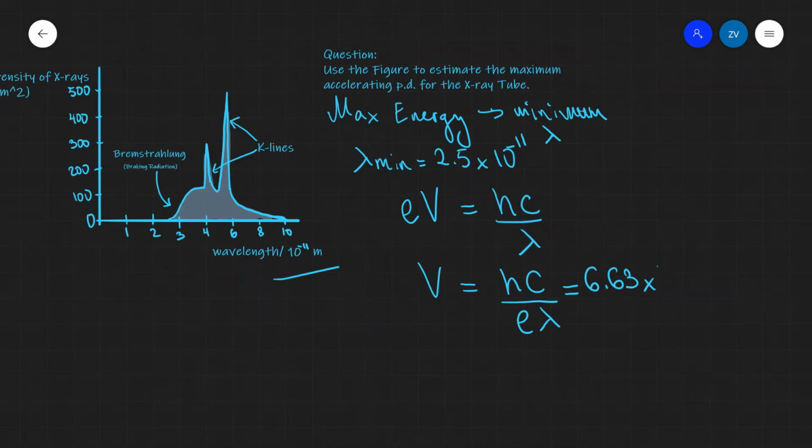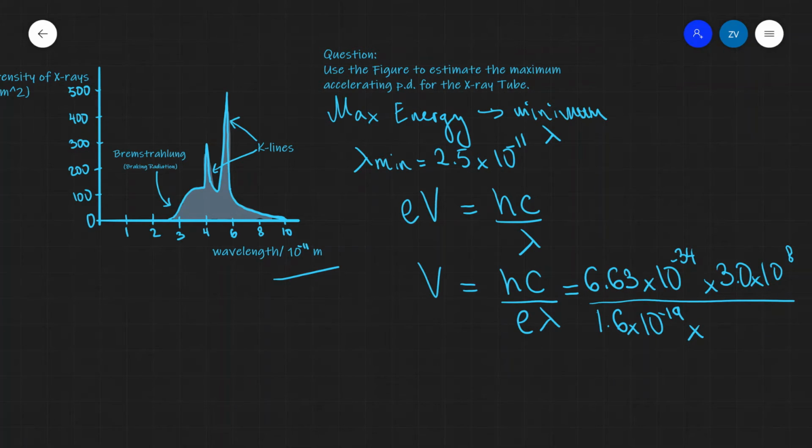6.63 times 10 to the power of minus 34 times the speed of light, which is 3.0 times 10 to the power of 8. And then we're going to be dividing this by e, which is the electron's elementary charge. So that's 1.6 times 10 to the power of minus 19. And we're also going to multiply this by the minimum wavelength, which is 2.5 times 10 to the power of minus 11.